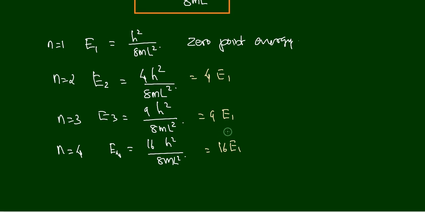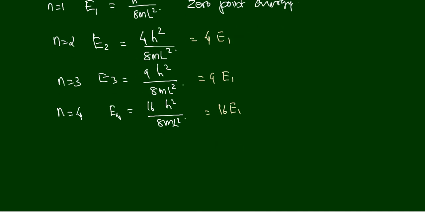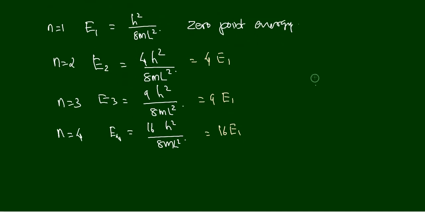What does it mean? We have some fixed value of E1. So let me write it here. These are the energies possible. This is the box, the one-dimensional box. Within the one-dimensional box, what are the possible values of energy? That is what I am going to write.